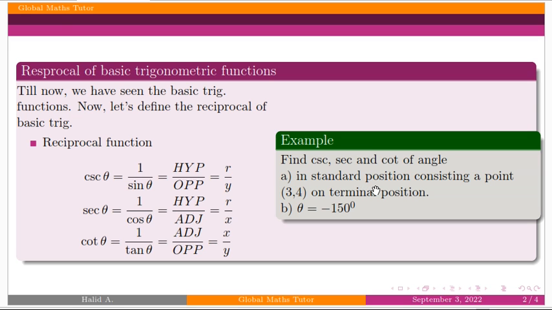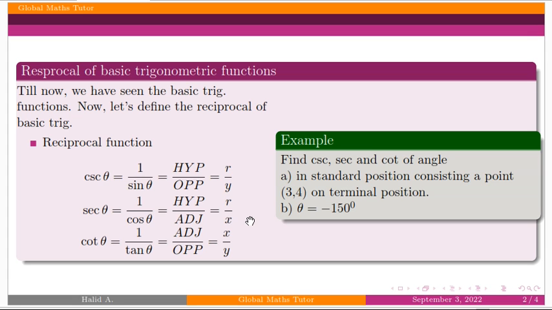For the first question, the angle is not given, but there is a coordinate, and it says the angle is in standard position. It means in a coordinate plane we have the origin at the vertex, and the initial side of the angle is fixed on the positive x-axis. Then the terminal side has the point 3,4.